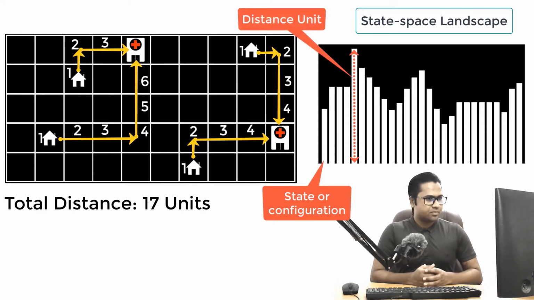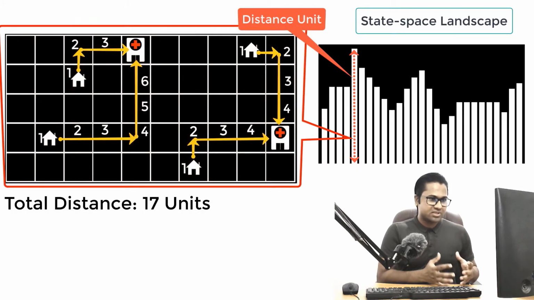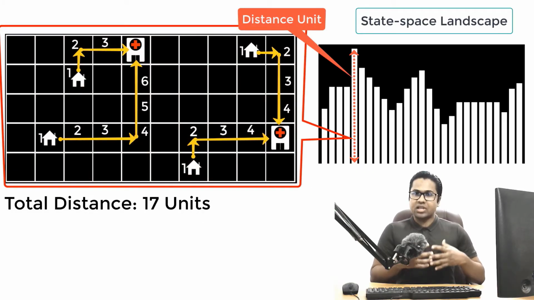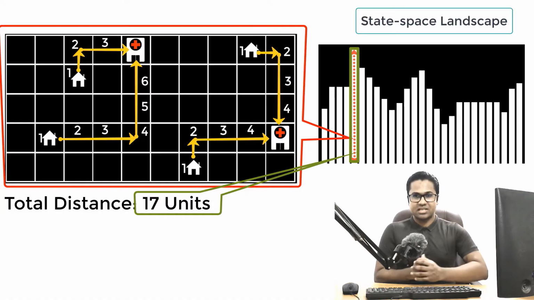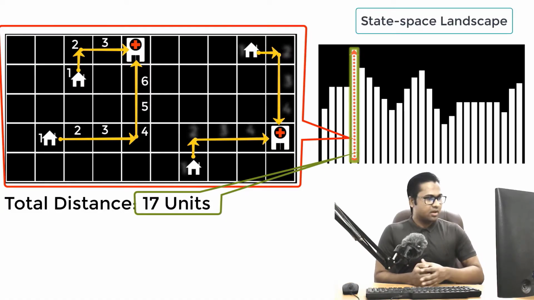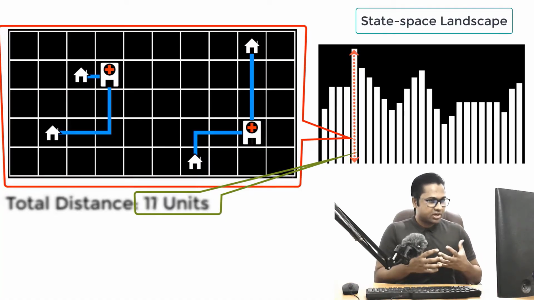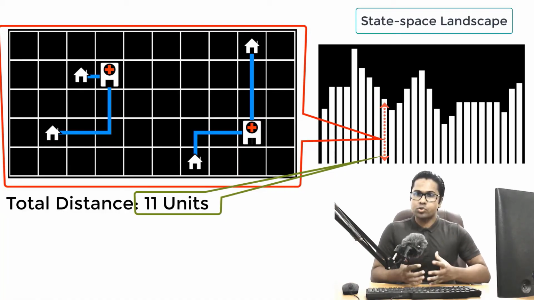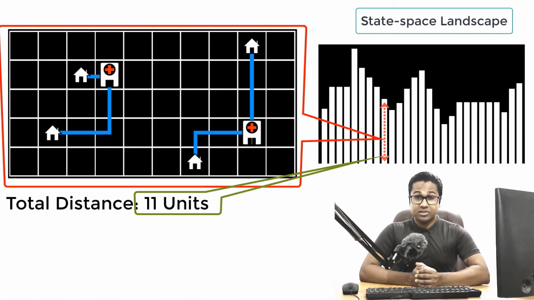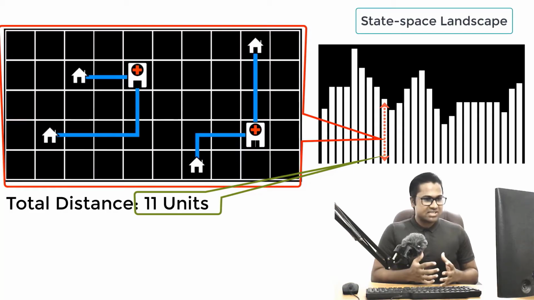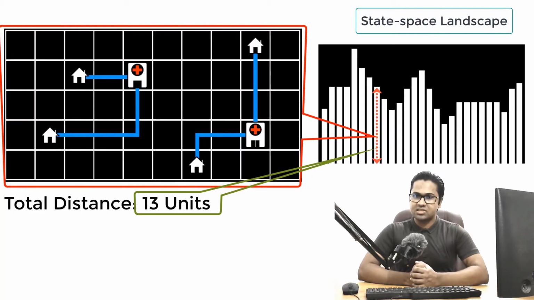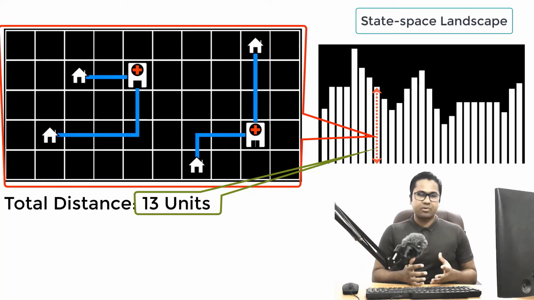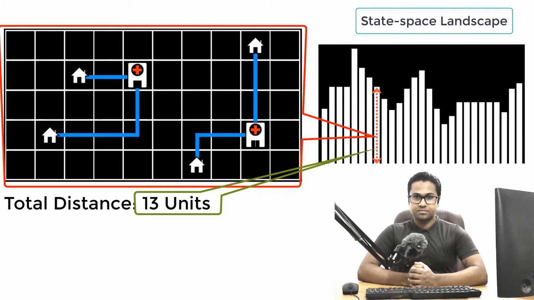For example, this state is represented by this bar, and the height represents the distance units. Let's change the configuration a little. This time the total distance is 11 units. For this state, the total distance is 13 units. This is how we generate a state space landscape from different configurations of a problem.